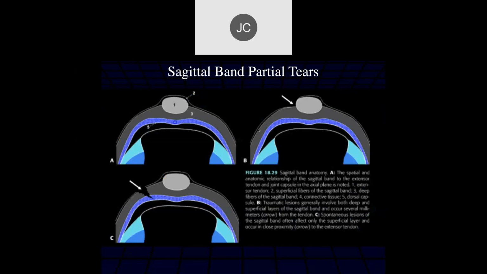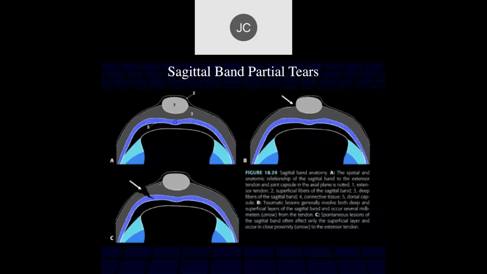Now, like everything else that we've seen, there are different criteria for determining the extent of the injuries here. Generally, with MR, we either say that it's either torn or partially torn. If there's displacement of the extensor tendon, then there's usually a complete tear on the side away from the displacement.